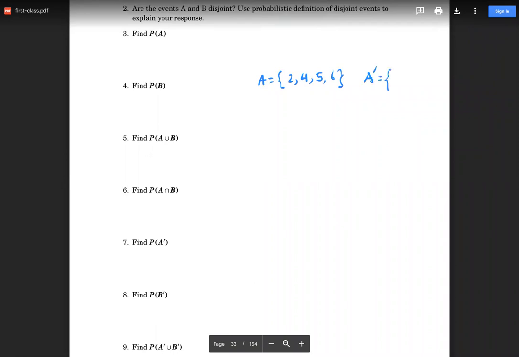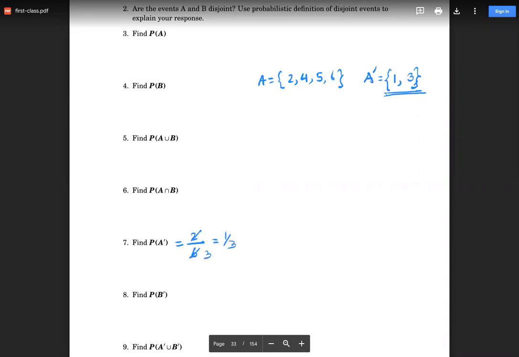It is what is not in A but could potentially happen: 1, 3, and that's it. So what is the probability of A complement? A complement has 2 items, which are simple events, 2 out of 6, which is 1/3. 2 goes into 6 3 times.